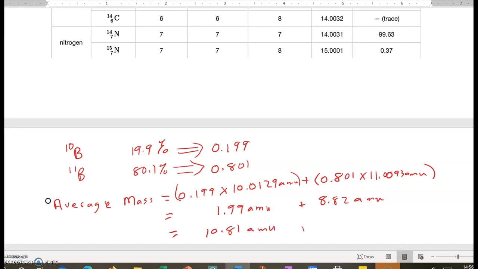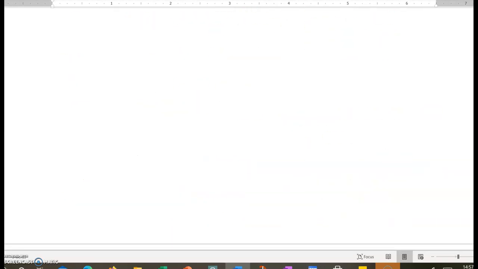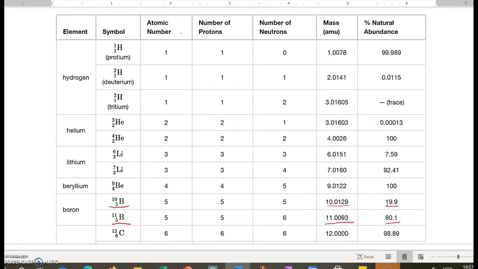And that's the number on most periodic tables or tables of elements, the average mass. So you should be able to use this table of abundances and be able to calculate the average mass of any element.